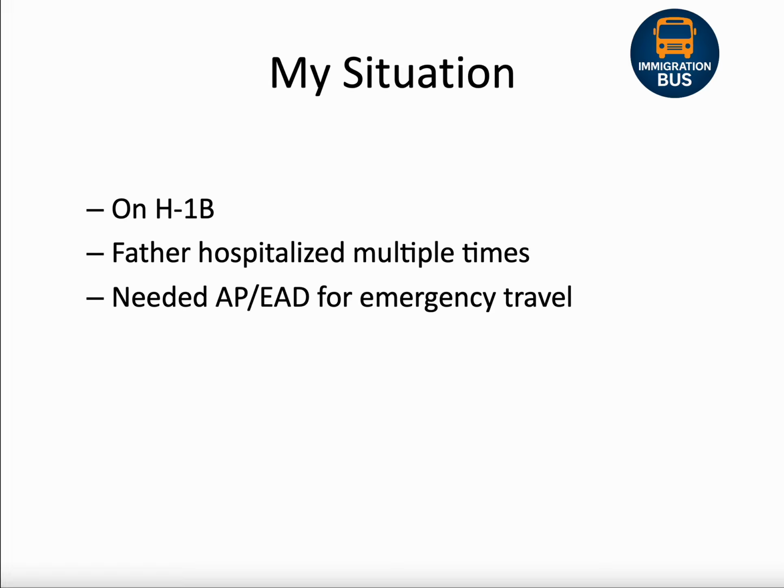However, relying on H1B visa stamping was a risk, as consulates in my home country often have unpredictable appointment availability or delays. Any delay returning to the US could jeopardize my job and my ability to support my family. This is exactly the scenario USCIS considers as urgent humanitarian need.